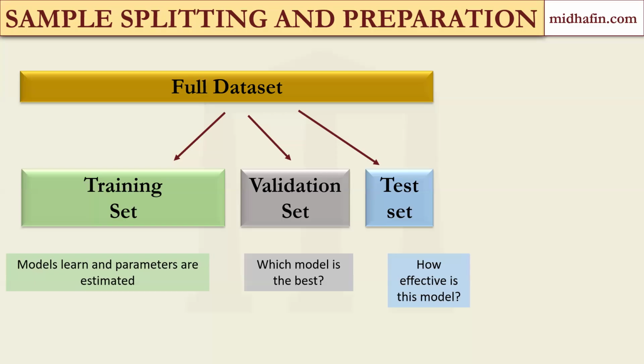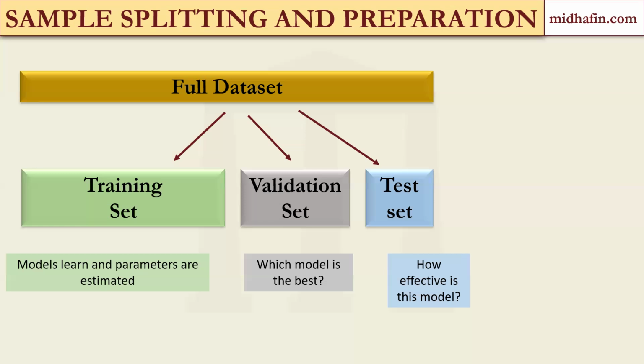Now see, the splitting of the data into these three sets this way is actually quite important because it is helping you to build a model. In fact, I should say it is preventing you from building a model which just memorizes the past. That's it.